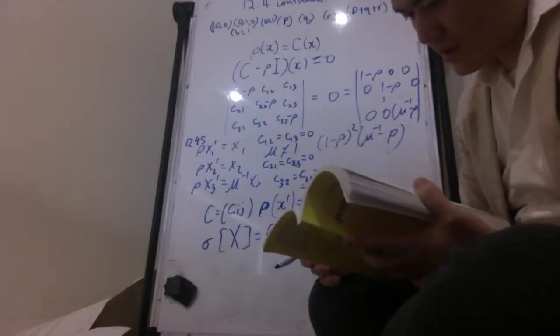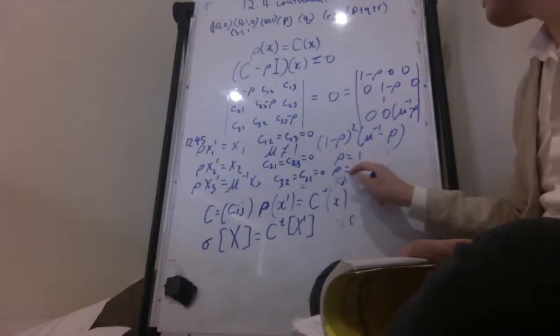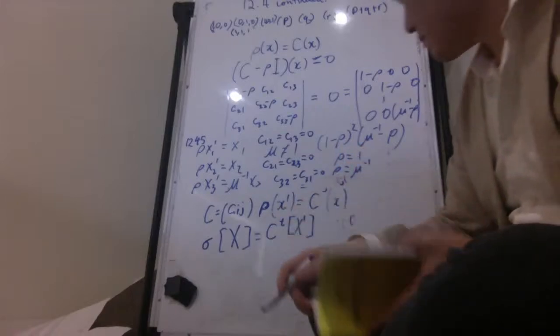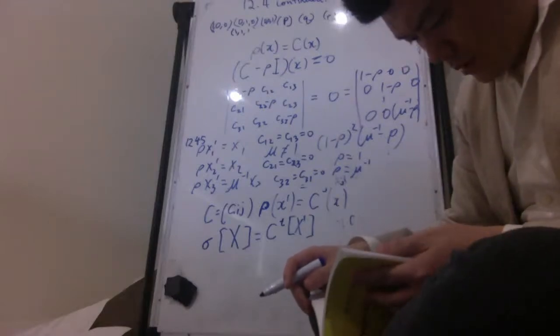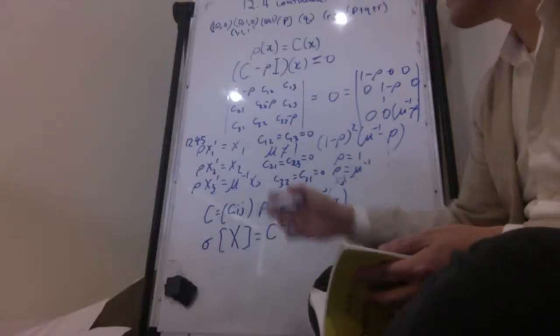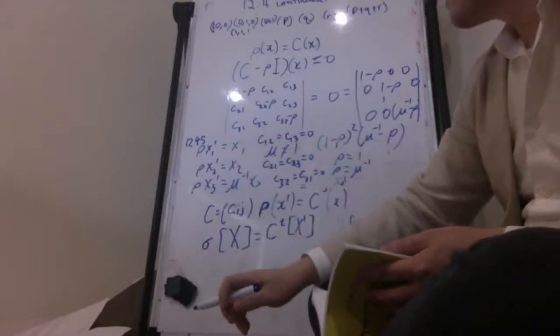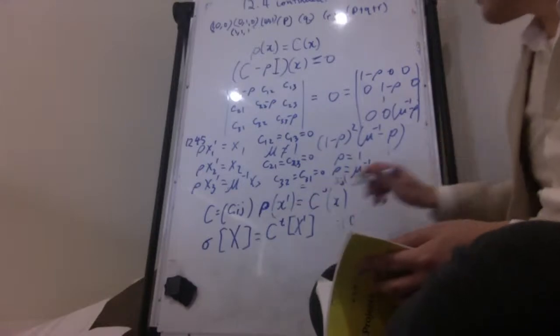Yeah, and that's what they say as well. And so you have a double root at rho equals 1, and you have rho equals mu inverse. So they're the eigenvalues. What happens? Obviously that means the first two parts, the line that joins x1 and x2, you have a range of invariant points, right?